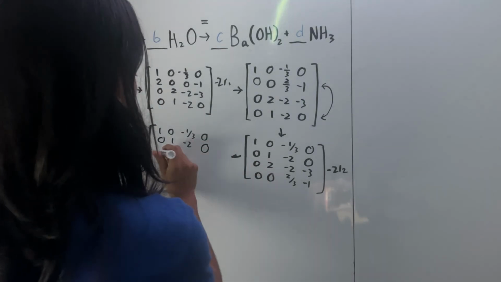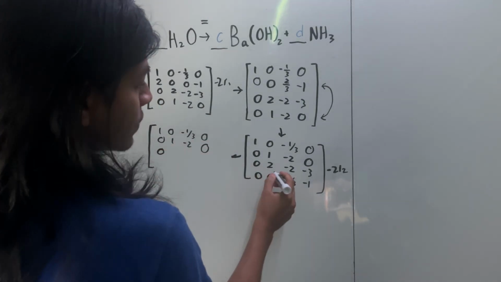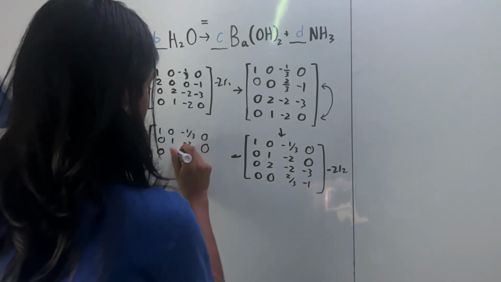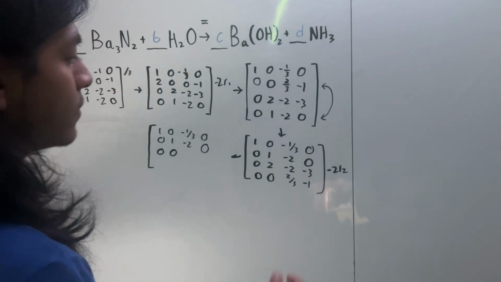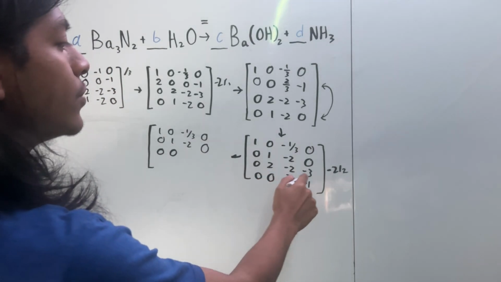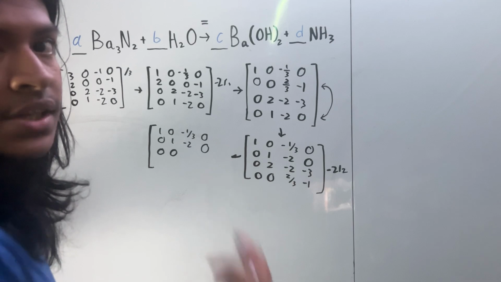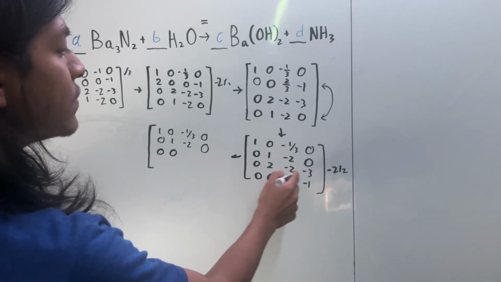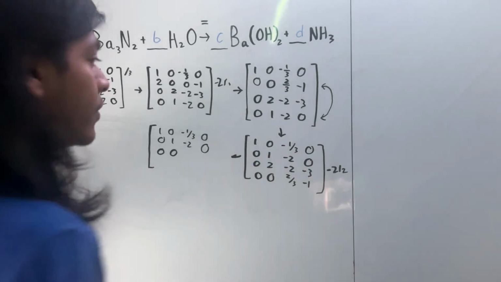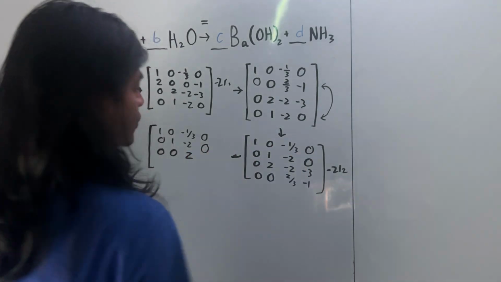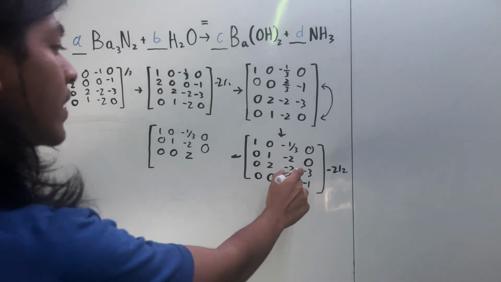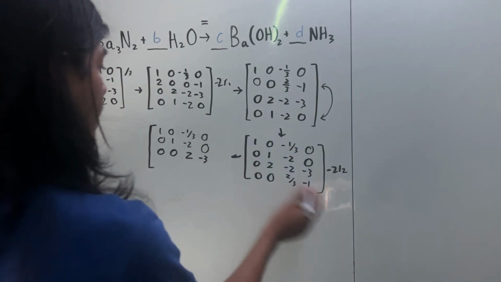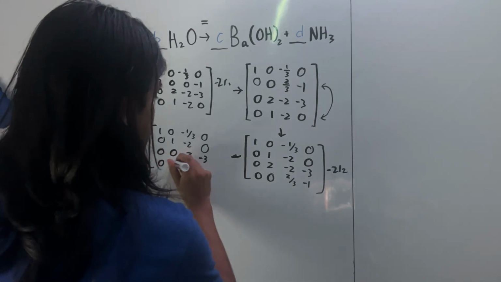So now we have 0. Here we have 2 minus 2 times 1. That gives us the 0 that we want. Now we have negative 2 minus 2 times negative 2, so that becomes negative 2 plus 4, which gives us a positive 2. And we have negative 3. That stays the same. And then row 4 stays the exact same.